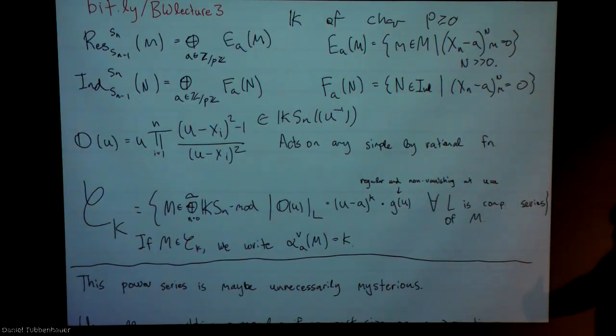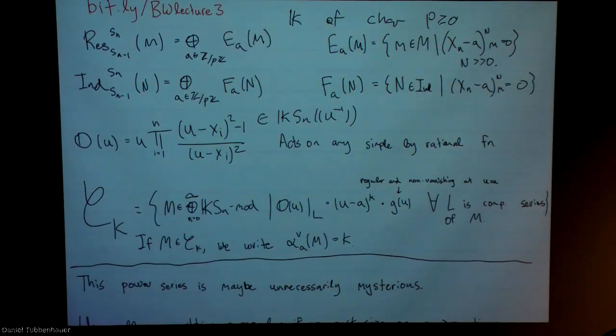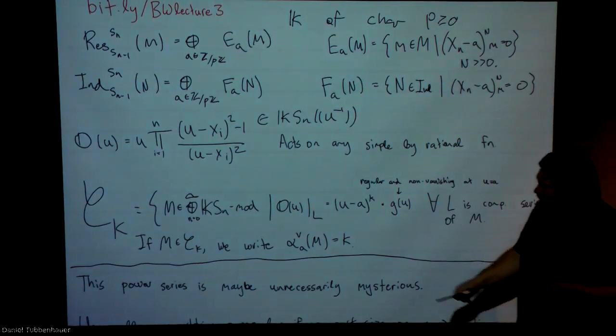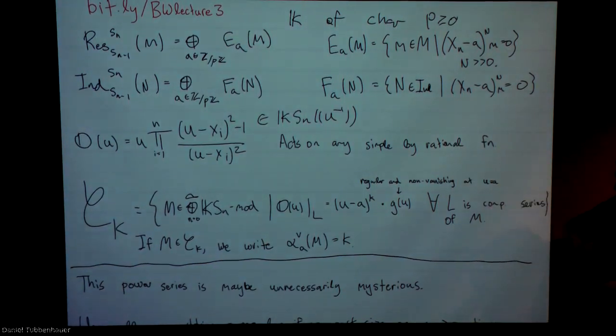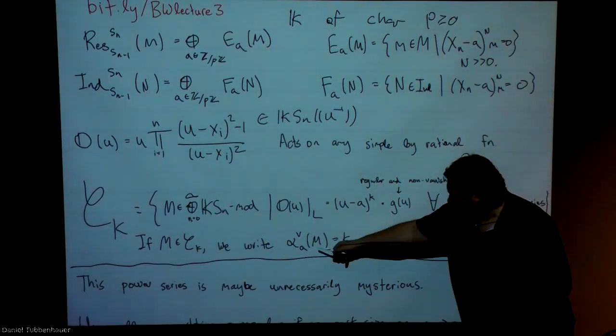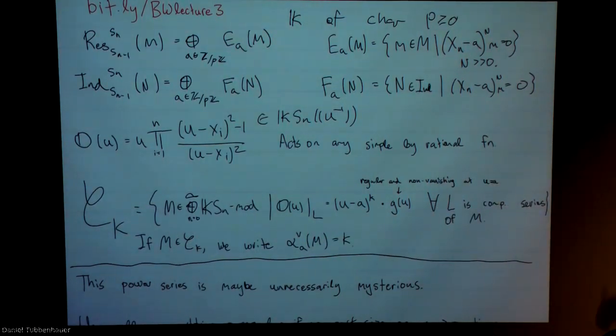It might have a pole at a, and in that case, it has negative weight. If it has a zero at a, then it has positive weight. All right. And if we have a module whose composition factors all have this property, we say that alpha_a check of it is k. That's telling us what the weight is under the SL2, for e, a, and a.